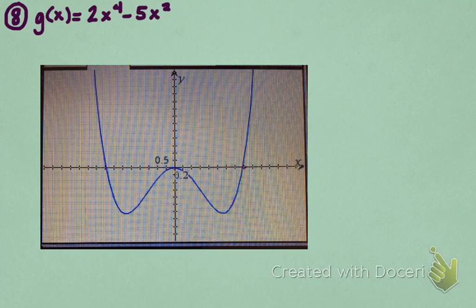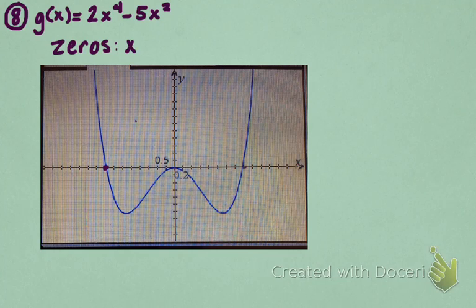So if we use whatever means our calculator gives us to determine the value of the leftmost zero, we determine the x-coordinate there, so our first zero.